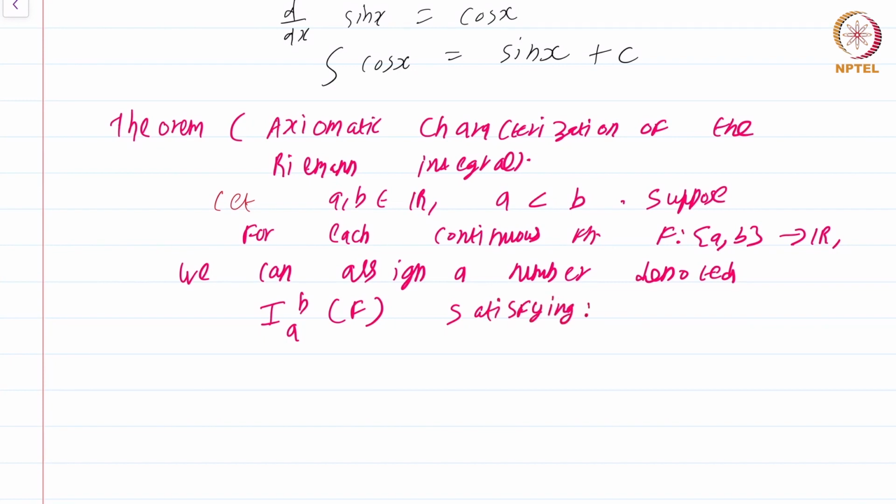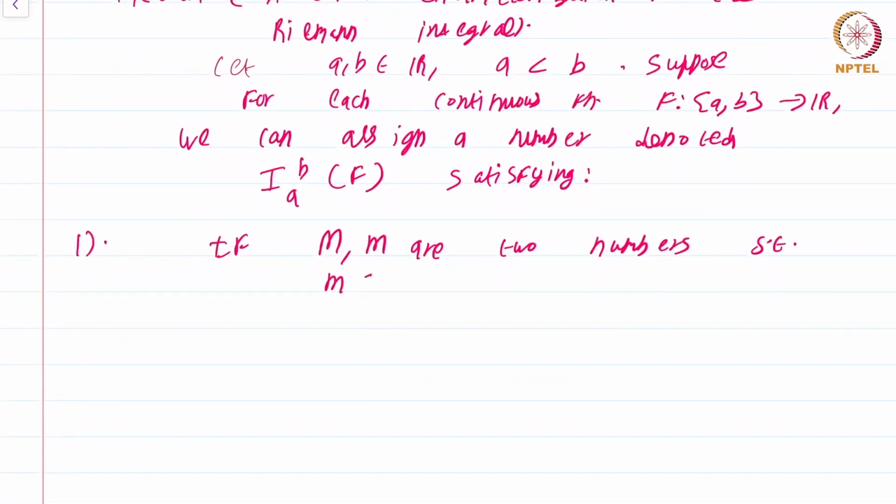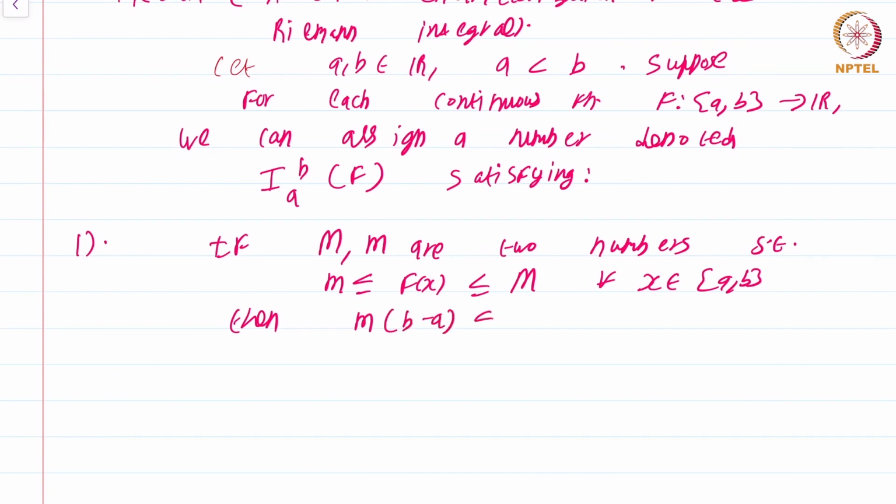The first property is that if m, M are two numbers such that m is less than or equal to f of x is less than or equal to capital M for all x in [a, b], then m into (b minus a) is less than or equal to I_ab of f is less than or equal to M into (b minus a).